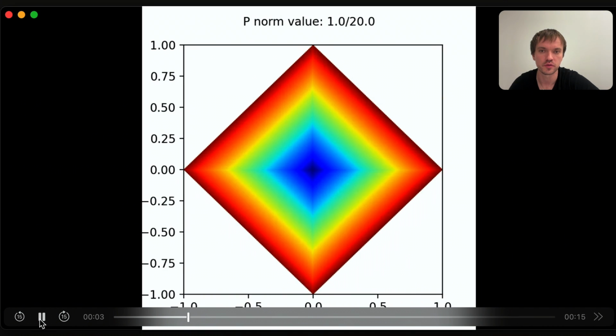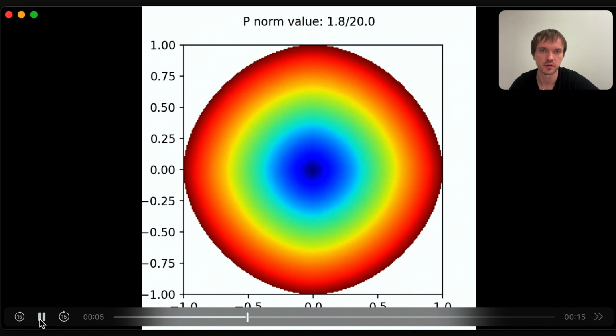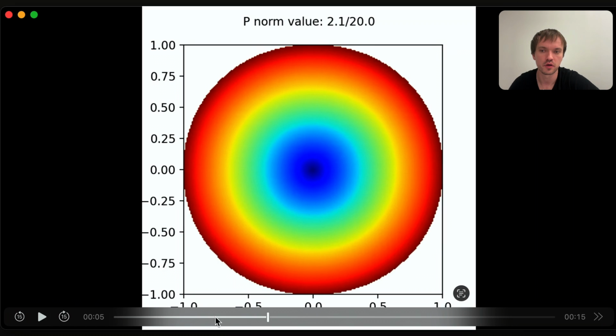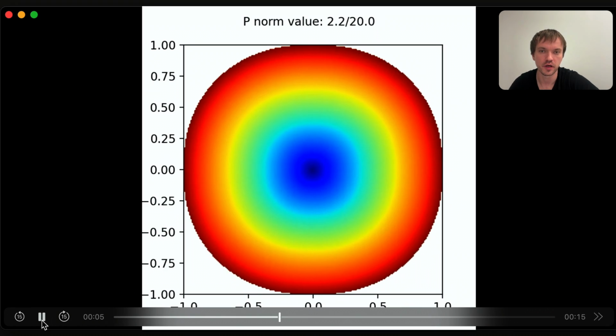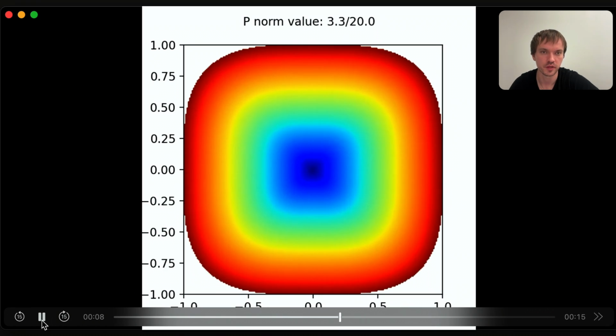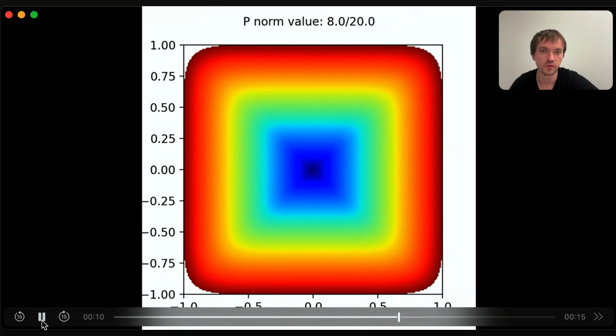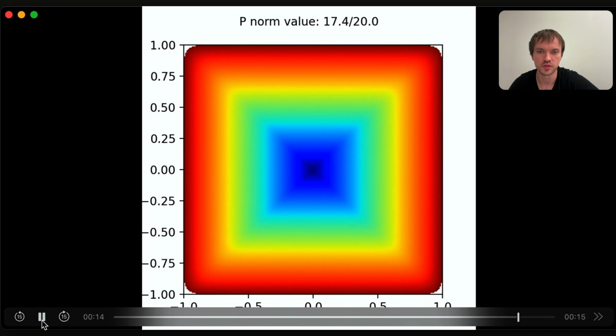If we continue running this code until p reaches 2, not 2.1, but 2, that's exactly going to be the regular unit ball that we know. And for higher values of p, as we keep increasing them, you can see that when p goes to infinity, we exactly get the infinity norm, which is given as the maximum of the absolute value of x and the absolute value of y.